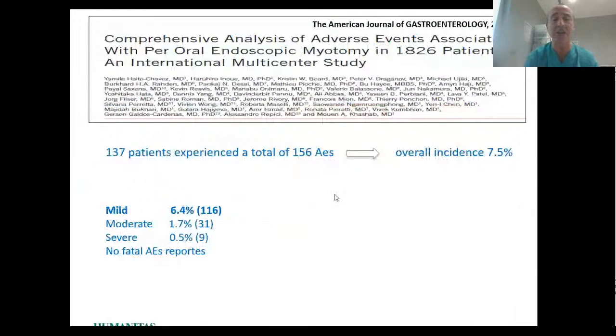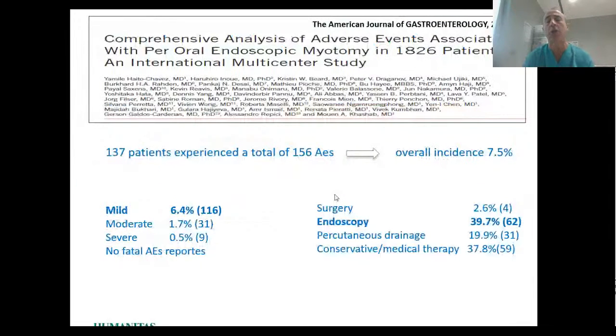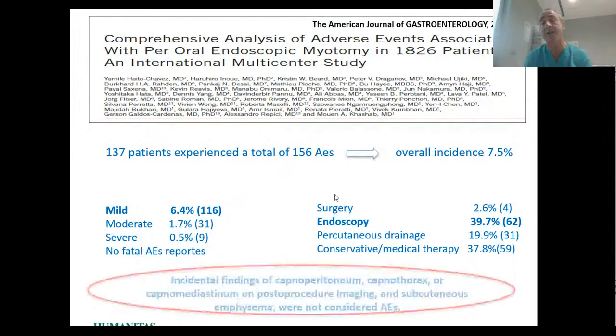So this is a very large report of adverse events associated with POEM reported in the American Journal of Gastroenterology. You see 2.6% of patients may require surgery. And there are no data about mortality, but what we know is that there have been a couple of patients around the world who have died because of POEM.